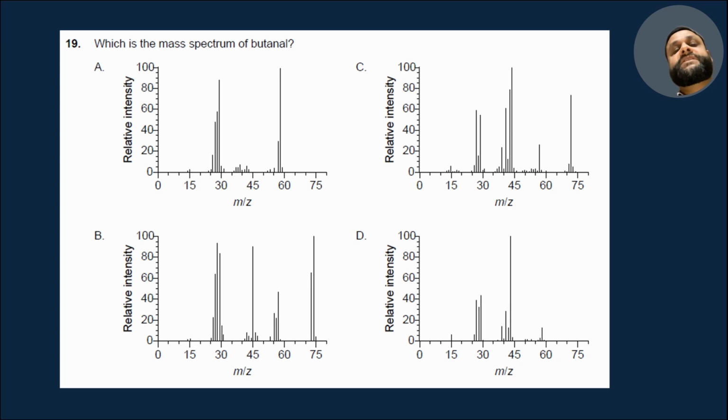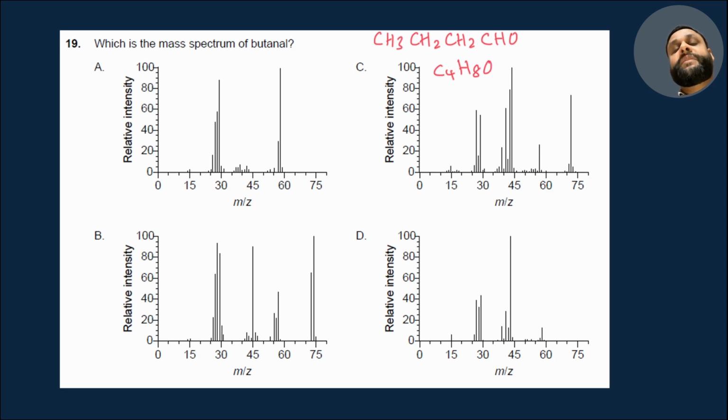Which is the mass spectrum of butanal, an aldehyde with 4 carbons? Let me write down a structural formula. So we have CH3, CH2, CH2, CHO. If I write down the molecular formula, we have C4H8O.